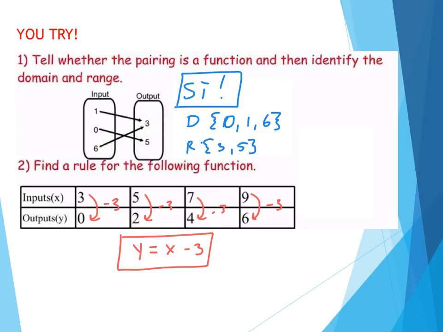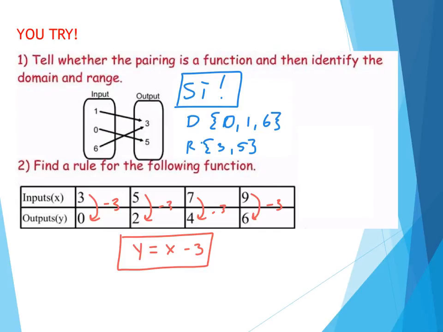But remember my car analogy. Two inputs can have the same output. You can have your brake pedal and your emergency brake both stop the car, right? Same thing here. 1 and 6 can both have an output of 3. That's perfectly fine, as long as one input does not have two outputs.